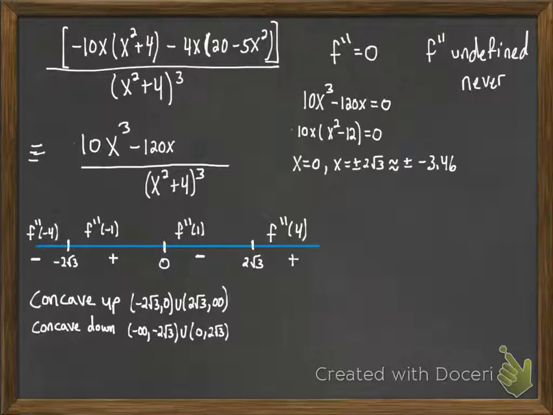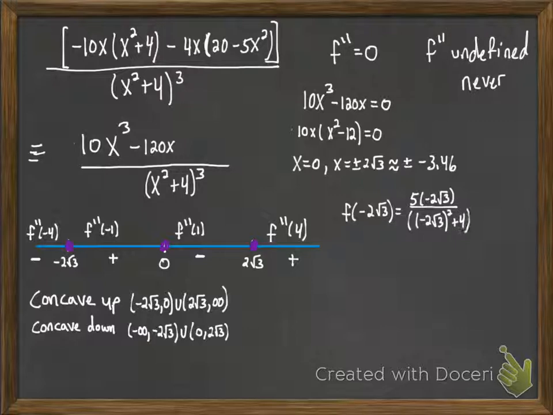What about those points of inflection? Well, each of those points there are points where the concavity does change. Now if they happen to actually be points on the graph, then we're good. We'll have points of inflection at those points. So to find out if there are points on the graph, let's evaluate the function. So I start by evaluating at negative 2 square roots of 3.